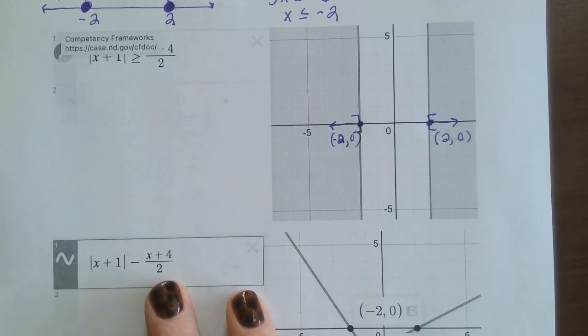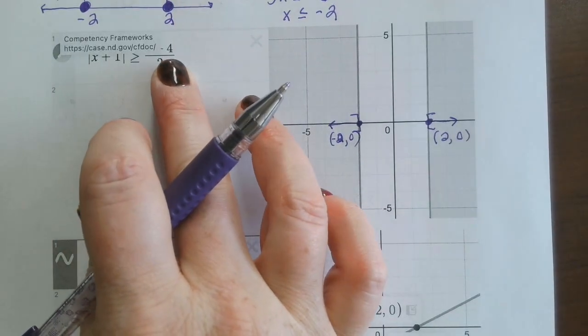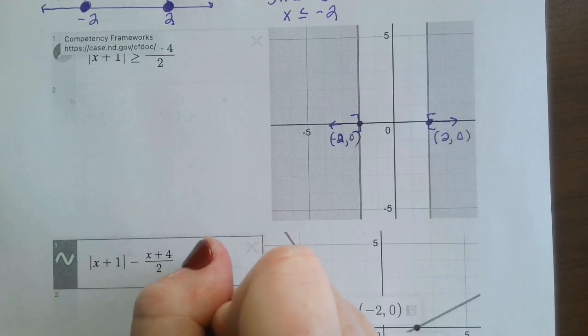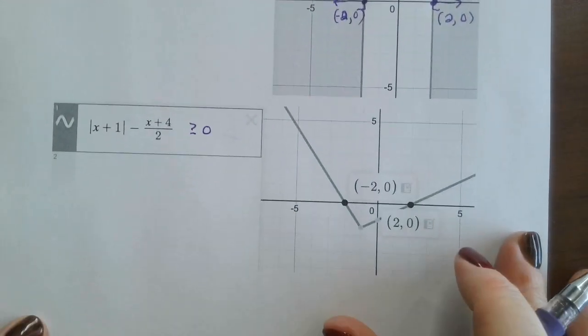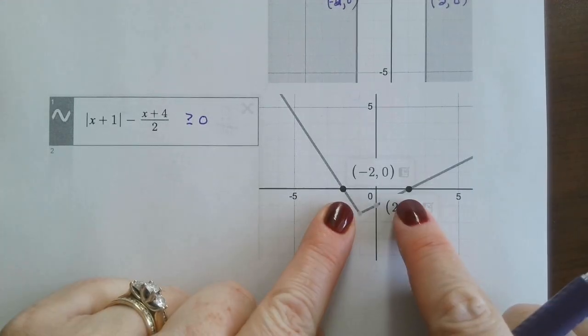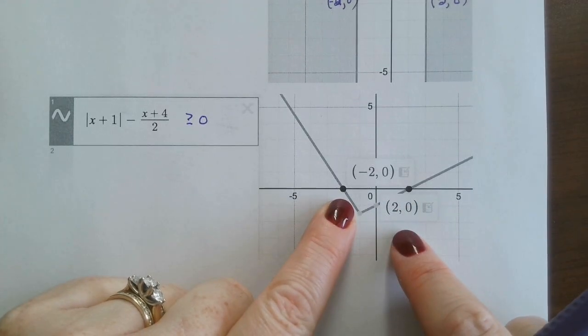Now, if I want to set this equal to 0, all I did was move that (x plus 4) over 2 to the left-hand side. And I'm looking for where on my graph my y values are greater than or equal to 0. So I've got my negative 2 and positive 2, which we had already talked about.